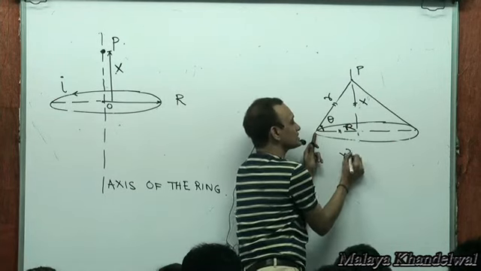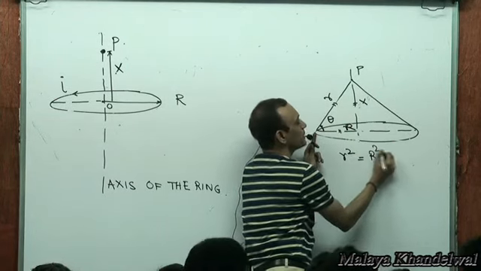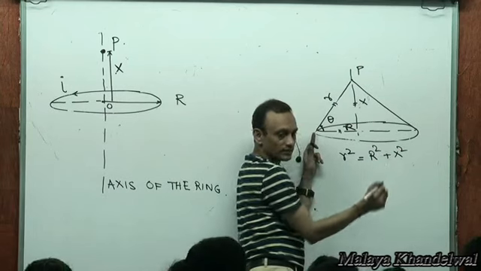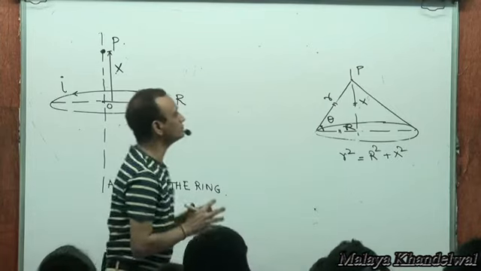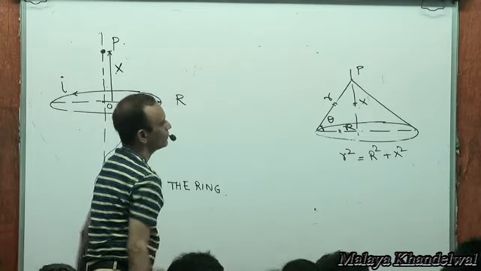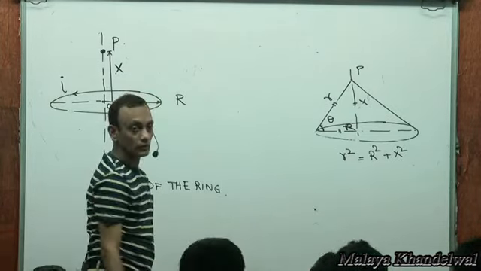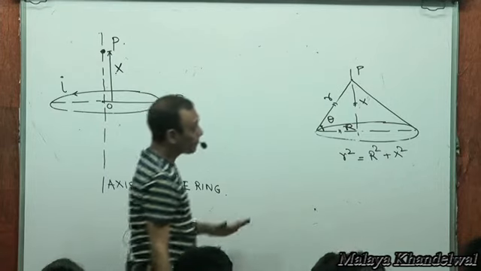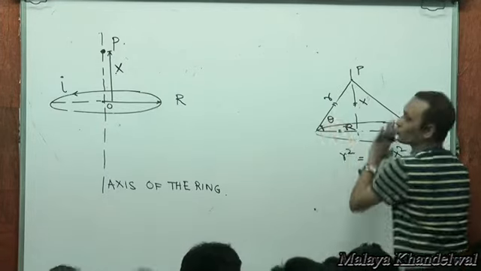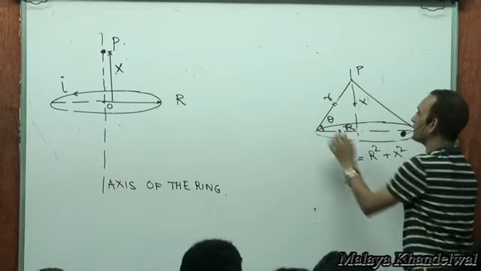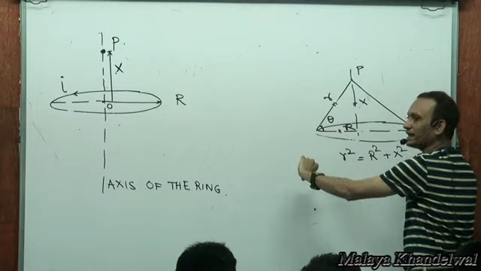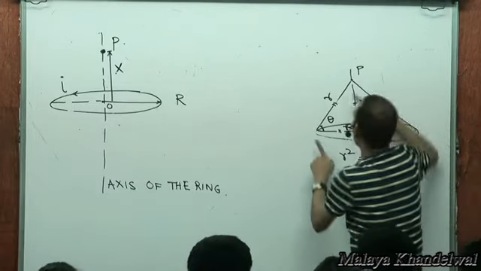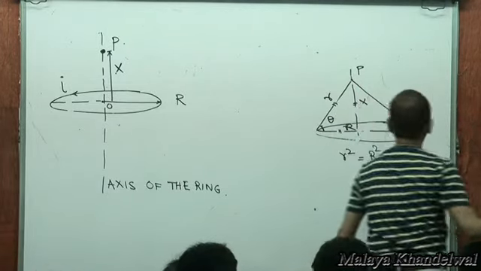Very clearly the slant height of the cone would be the square root of R squared plus x squared, as you can see, right? So far so good, right? This would generate a cone with slant height small r. With every dL, if you join the point P, it would be the slant height of the cone of length small r, right?